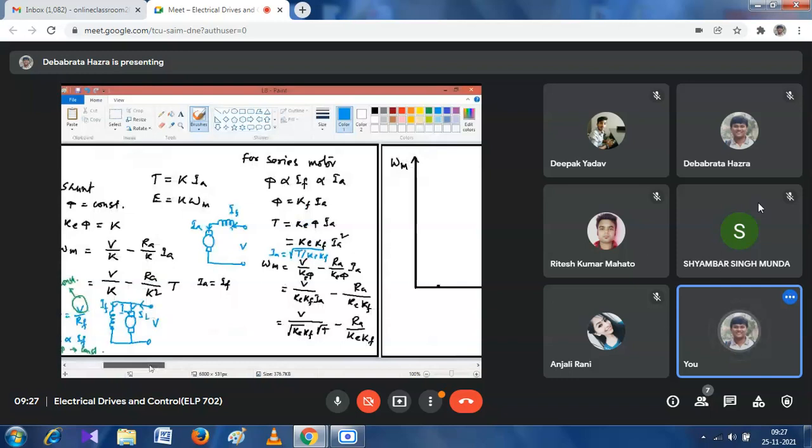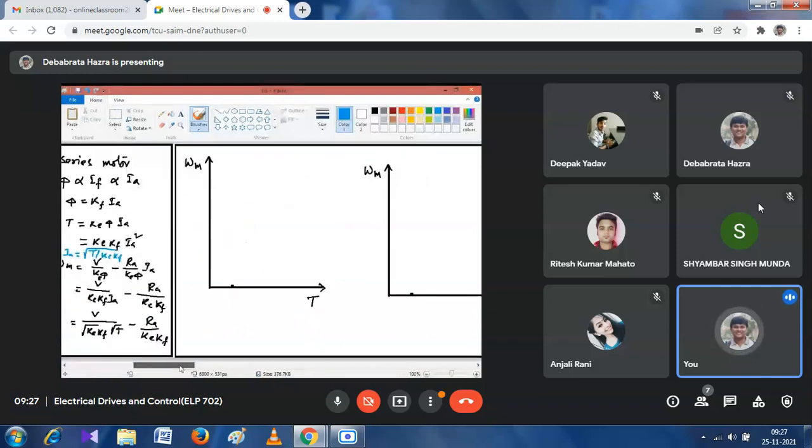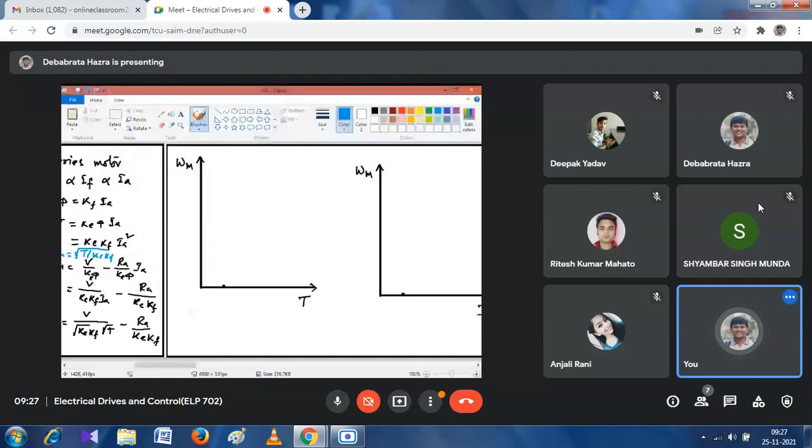What is the nature of speed versus torque for shunt motor? Deepak, tell me the nature of speed versus torque of shunt motor. What is the nature of the curve?